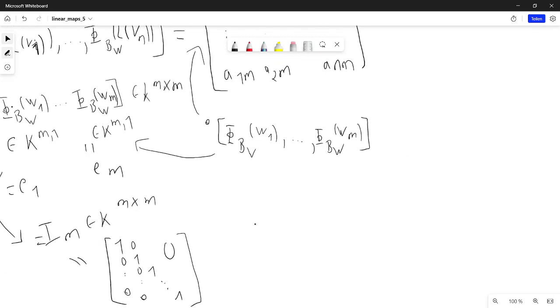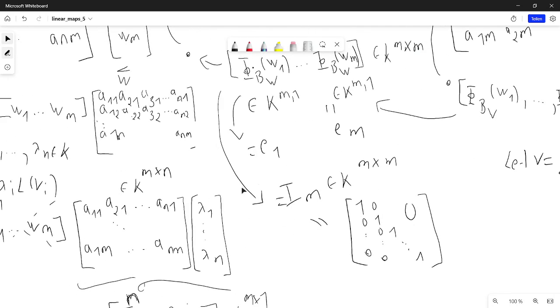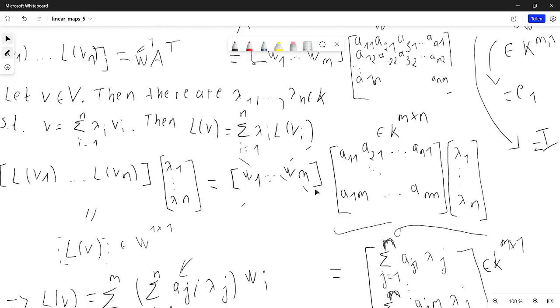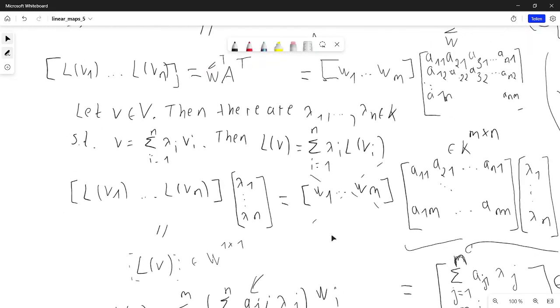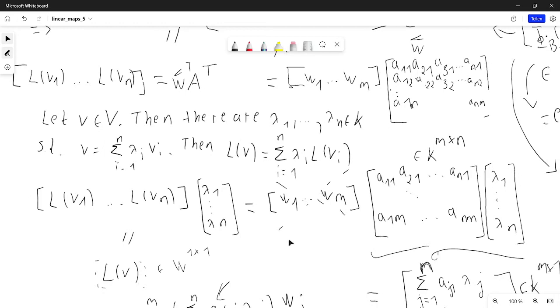So let's do that. So let v be an element of V, the sum over i from 1 to n of lambda_i v_i. We know such a representation exists and it has unique lambdas, right? All right, so exactly that.